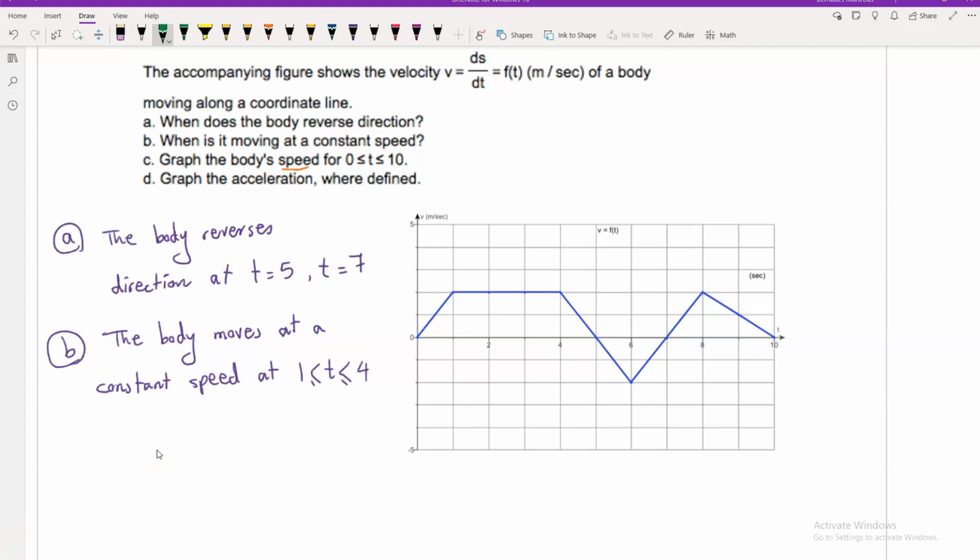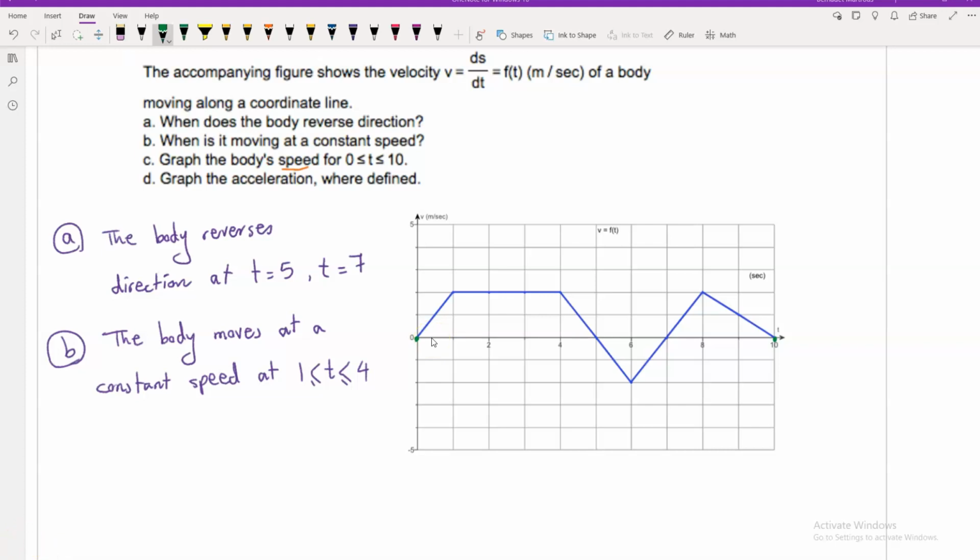Now working on part D, remember acceleration is the derivative of velocity, and the acceleration will not be defined at these end points where t is 0 and t is 10. It's not defined at these vertices of the graph.